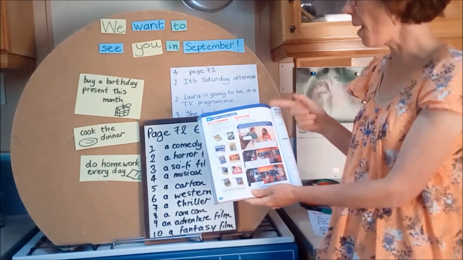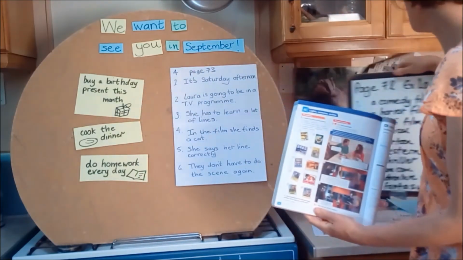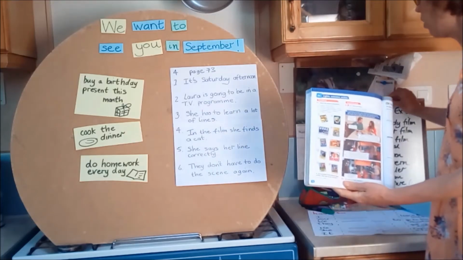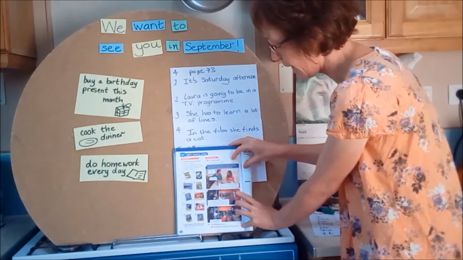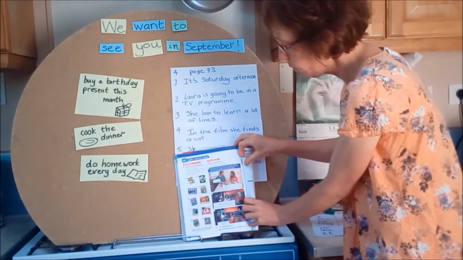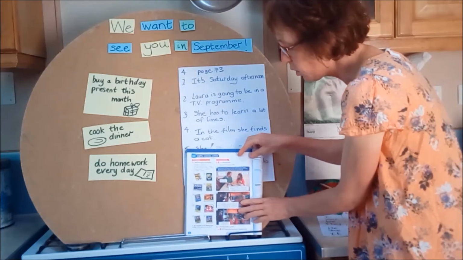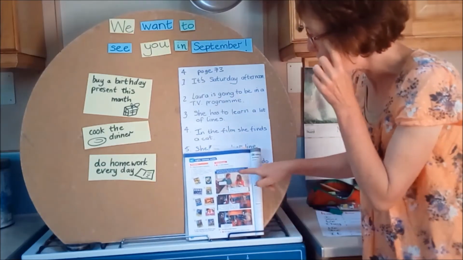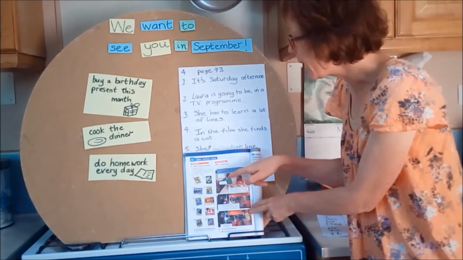Okay, now we've got a little story on page 72. A little story about Laura and the things that she has to do on Saturday morning. A very special Saturday morning. So, first of all, look at the pictures and maybe read it quickly.